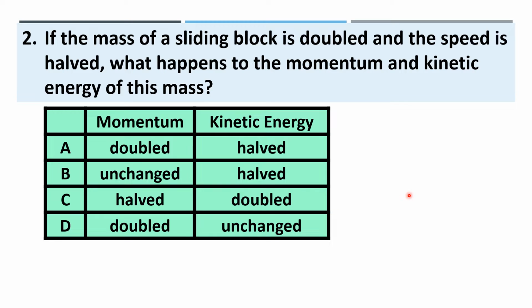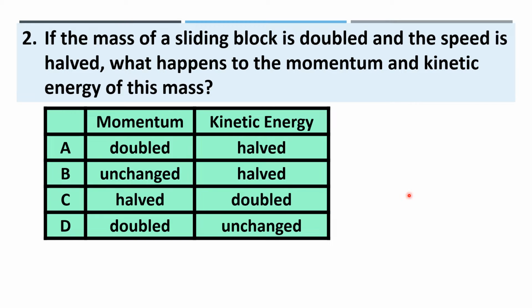So is it letter A, momentum is doubled, kinetic energy becomes half? Or is it letter B, momentum remains unchanged and kinetic energy is half? Or is it letter C, momentum is half and kinetic energy is doubled?